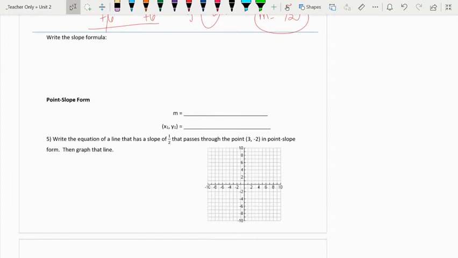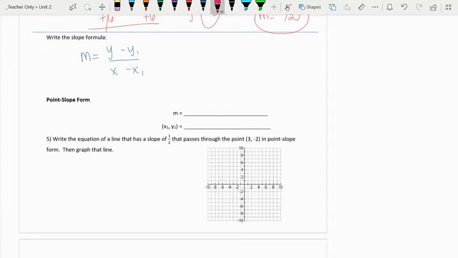So with this, our slope formula again is m equals y2 minus y1 over x2 minus x1, right? Now, I'm going to change this so that it actually looks like m equals y minus y1 over x minus x1. Okay, now the point slope formula actually comes straight from this.